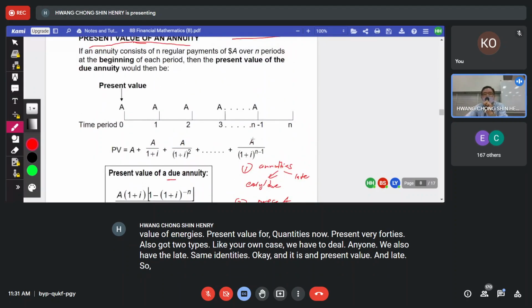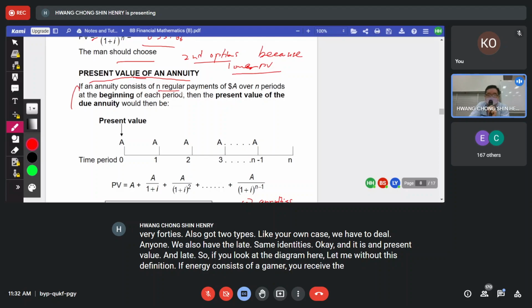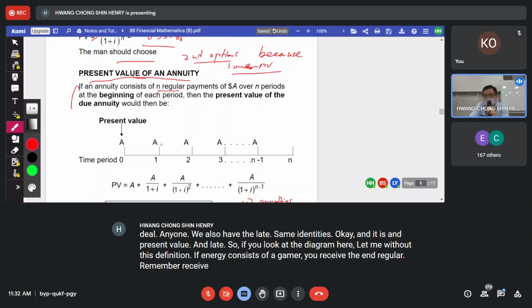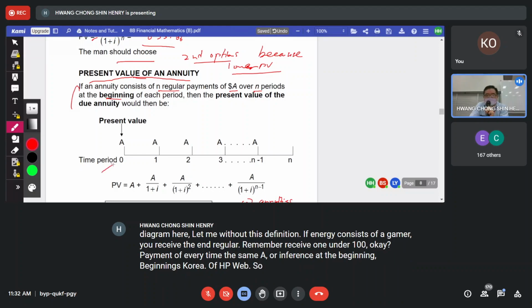So if you look at the diagram here, let me read out this definition first. An annuity consists of, again, N regular payments. Remember, you receive 100, 100, 100, or 500, 500, 500, payment every time the same amount A over N periods. At the beginning, that is early, of each period. So you start from 0. Then the present value.